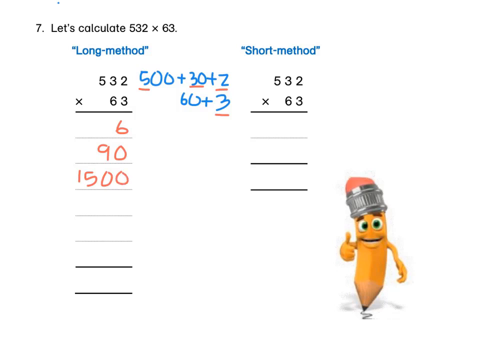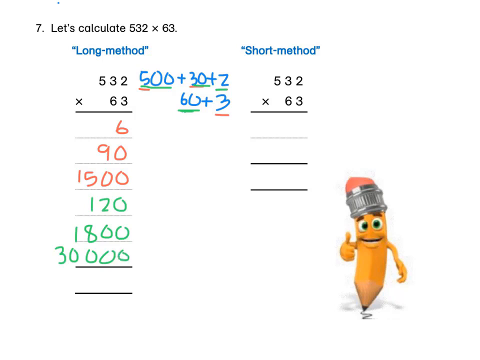Now that we're done there, we're going to move on to our 60. 60 times 2 is 120. 60 times 30 is going to give us 18 times by 10 times by 10. And lastly, 60 times 500 is going to give us 30 with 3 more zeros, so it's 30,000.